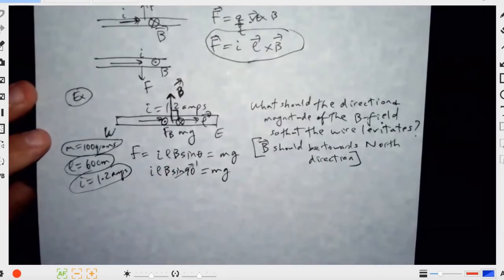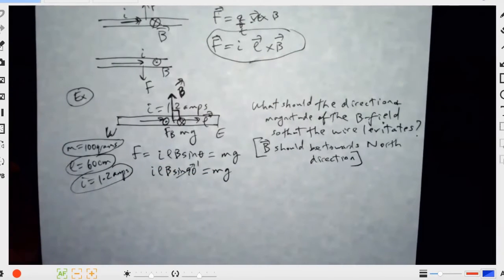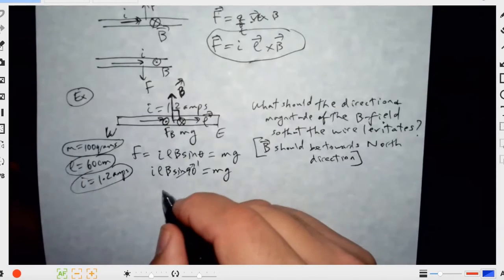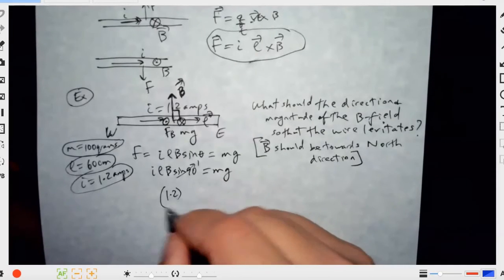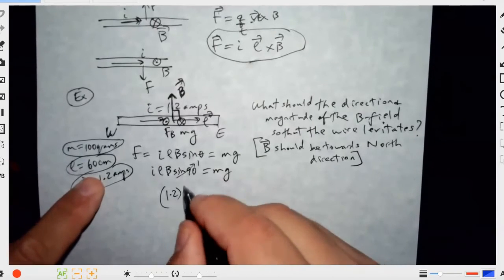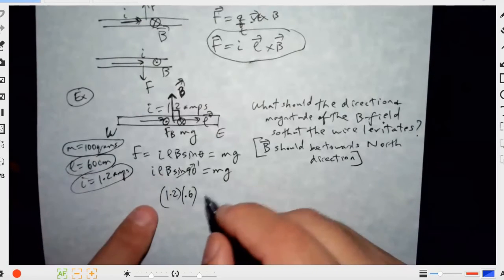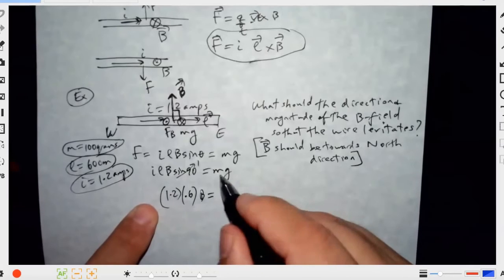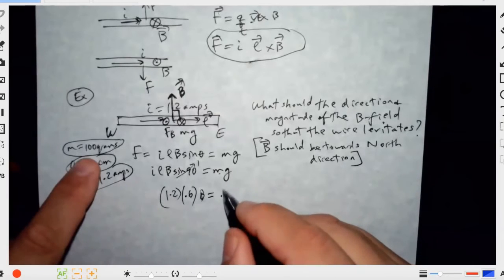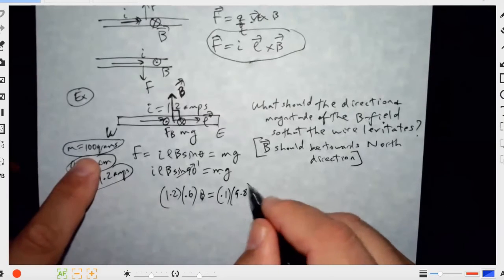So now we could find B. We have 1.2, length is 0.6 meters. We're solving for B, equals mg, so 0.1 times 9.8.